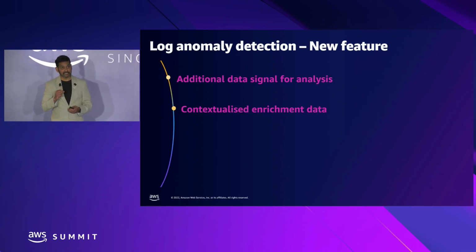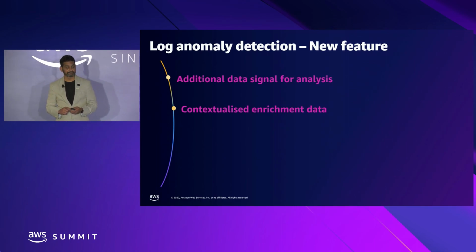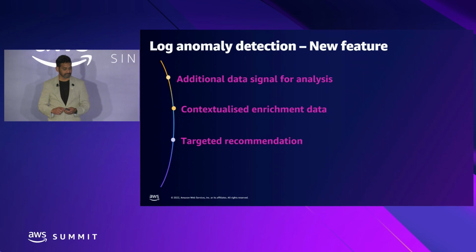Additionally, a log sample for each anomaly, along with a deep link to the Amazon CloudWatch log group, will be provided. Combining these anomalous metrics with contextualized logs helps DevOps Guru provide deeper and more precise recommendations.